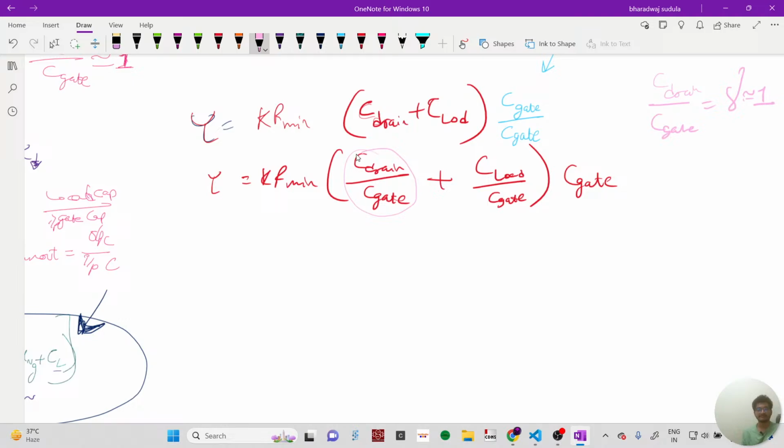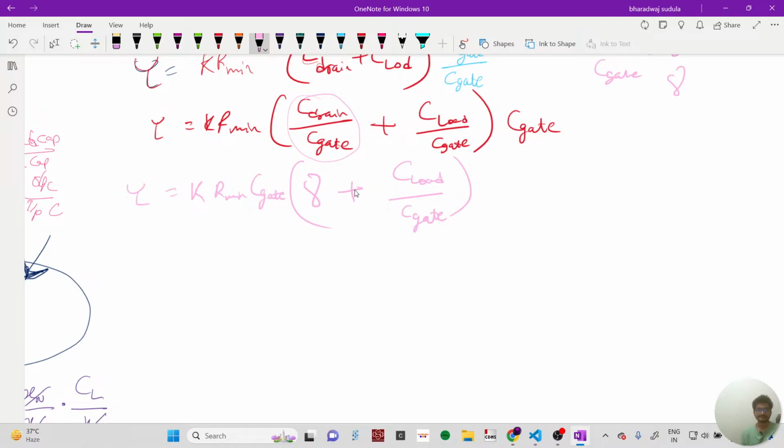So let's write this as gamma itself. Gamma plus C load by the gate cap. And this is the gate cap. Correct? Clear?